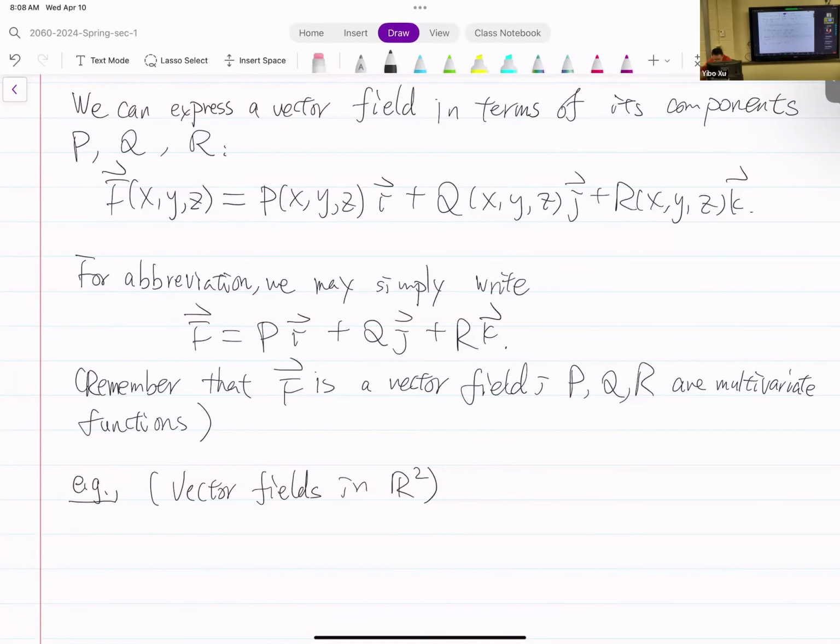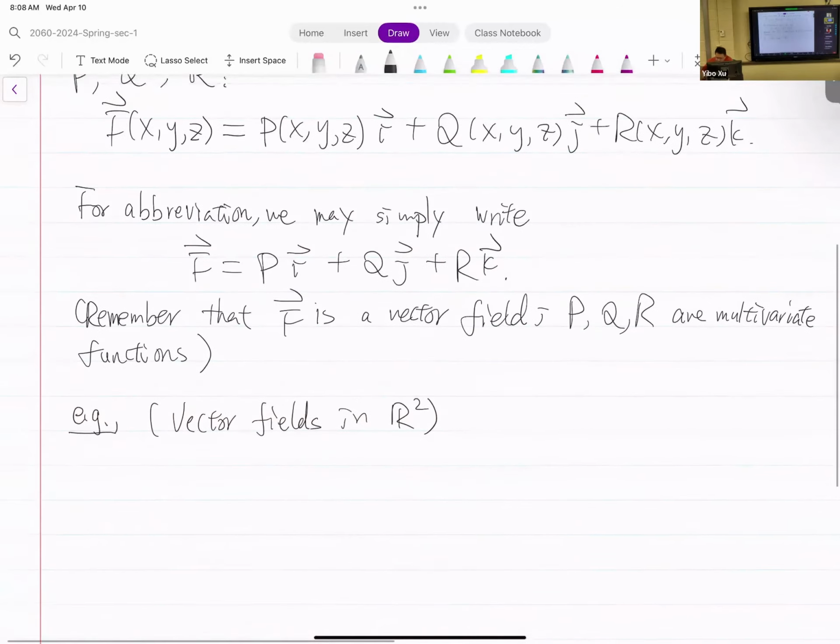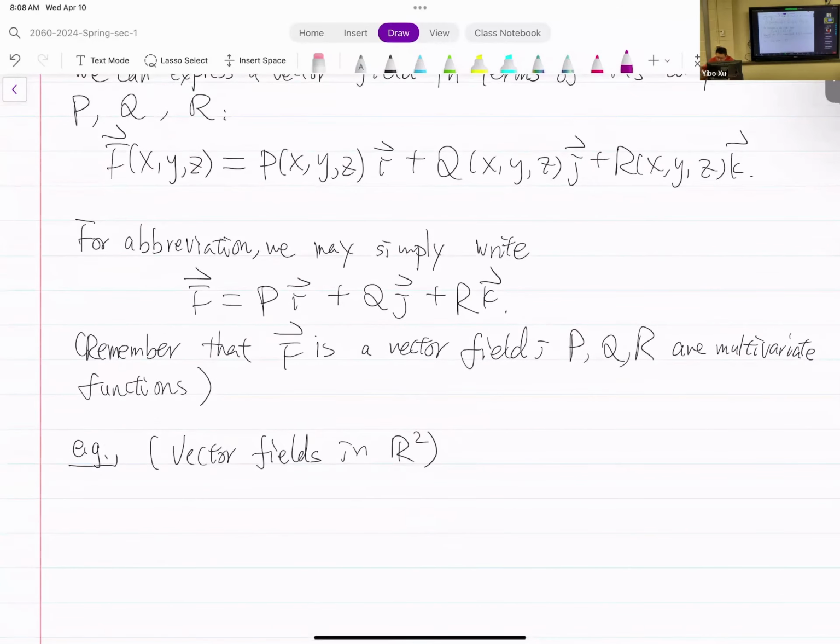Now we're getting to this point of vector field. Basically, if you think about this relationship, it's getting higher and higher dimension. So you have 3 arguments. If you are talking about 3D, it's going to be 3 arguments and 3 components as the output. So it's going to be a total of 6.